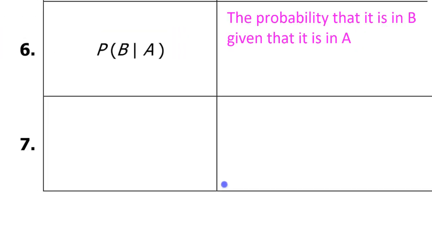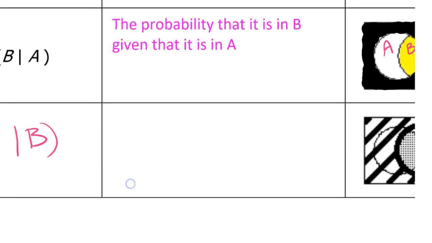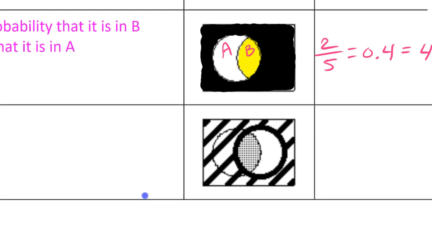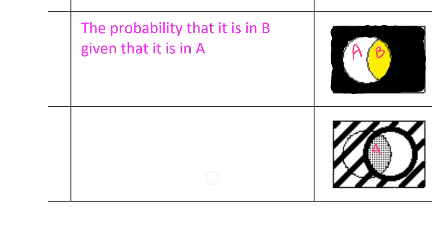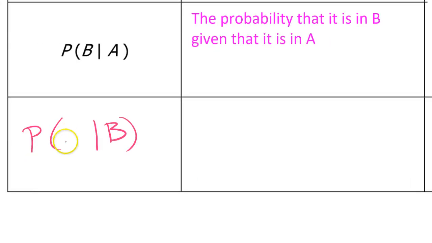So when we set up our notation, we're going to be talking about the probability of something, but we're definitely given B, the new smaller universe. Now, the thing that we're calculating the probability of has to be what is shaded. So what's shaded here is portion A. So we must be finding the probability of A given B.